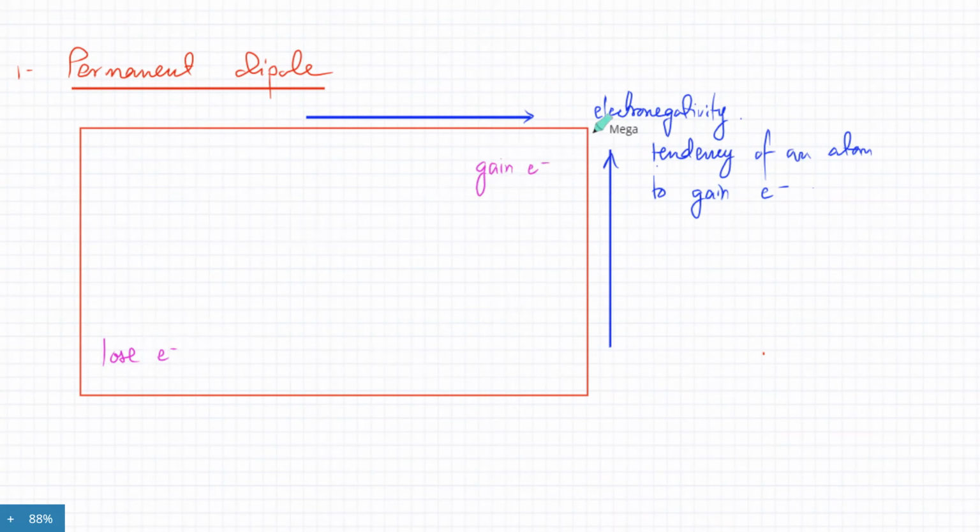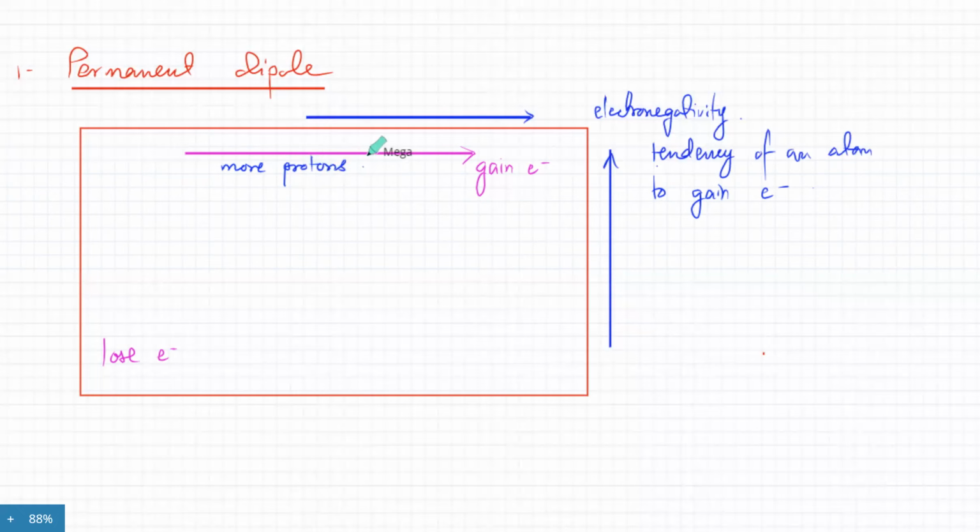So the first question is, why do atoms on the extreme right like to gain electrons? And the answer to that is, when you move to the right, you have more and more protons.